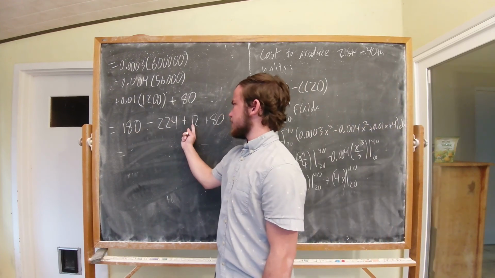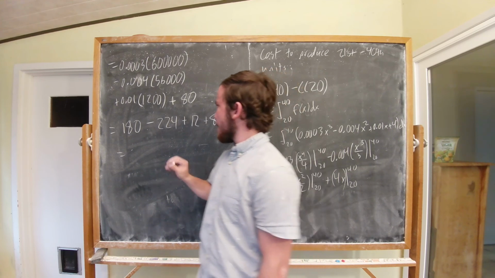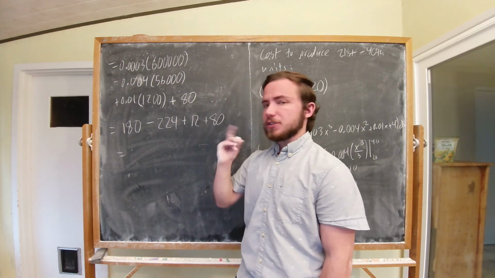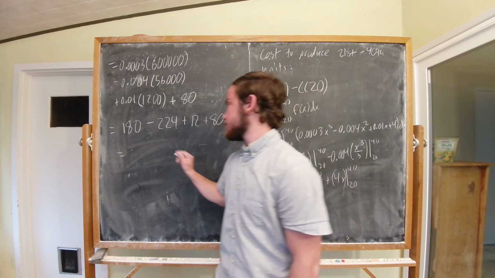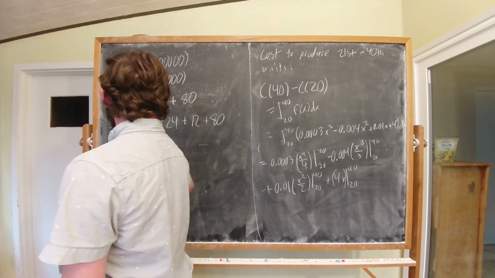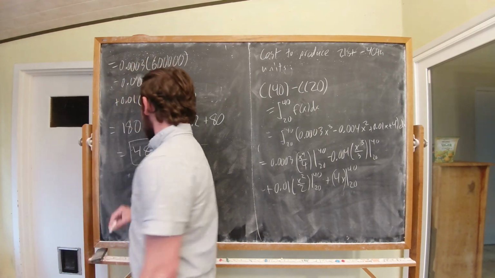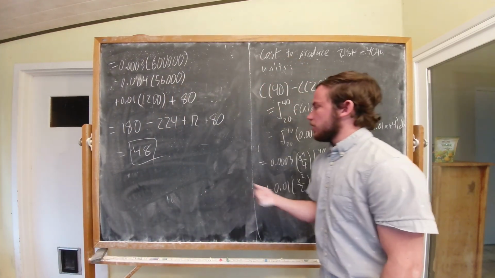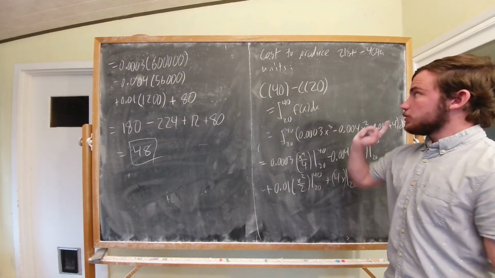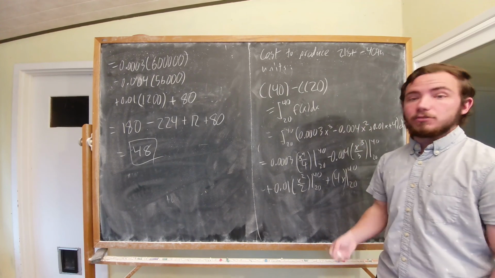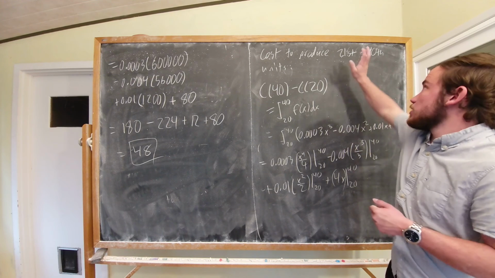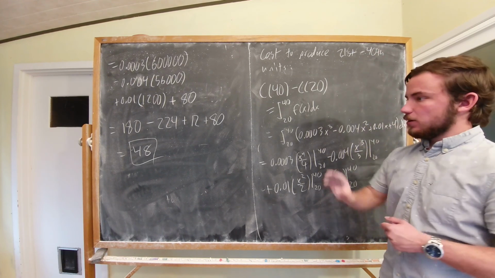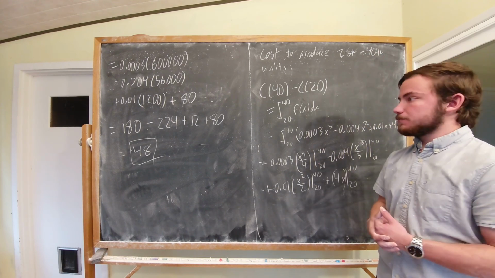That's 260, 272 minus 224, which is 48. Turns out it only costs you $48 to produce between units 21 through 40. Only cost you $48. How about that?